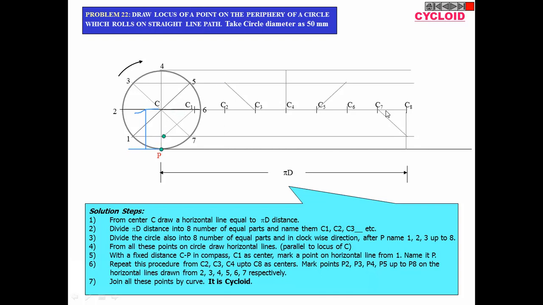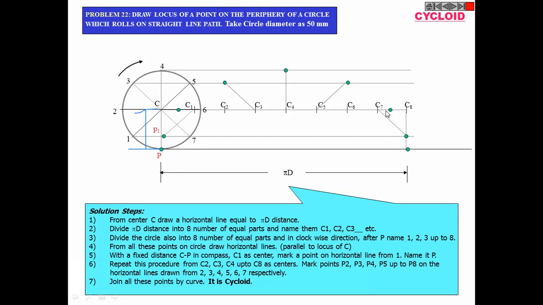See here, this point which is just being introduced. This was not visible earlier, but it is the arc cut on line 2 from C2, and 3, 4. Same way, 6. We got 6 here. The line was not visible. Now we got, this is 7 and this is 8.